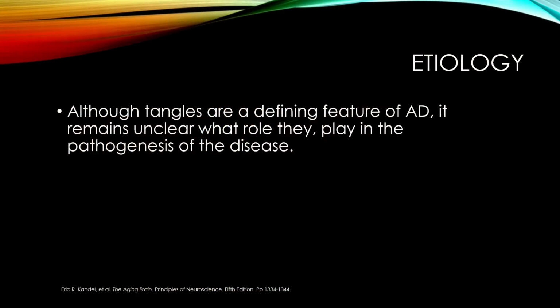So although tangles are a defining feature of Alzheimer's disease, it remains unclear what role they actually play in the pathogenesis of the disease. We've talked about the tangles, we talked about the plaques, and we talked about the shrinking of the brain itself, which is the shrinking of the cells.